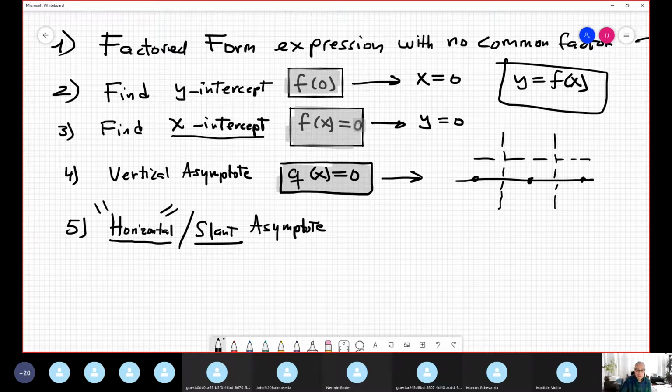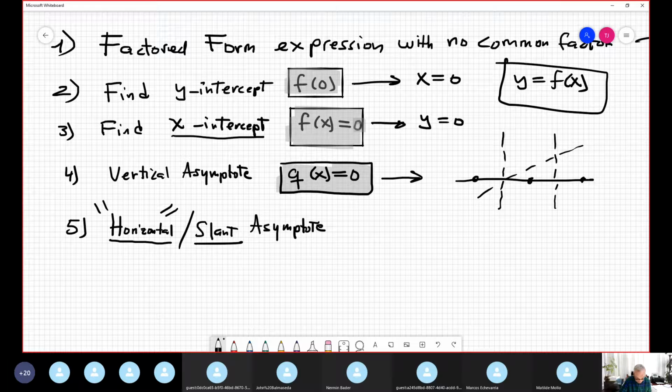For horizontal or slant, we have only one. For vertical, you may have several: 2, 3, 4, or 1. But for the slant, only one. Or suppose that there is no horizontal but a slant, well, you draw the slant.